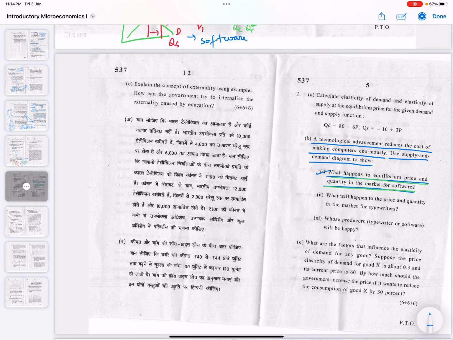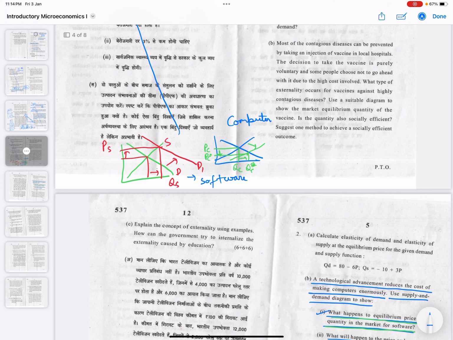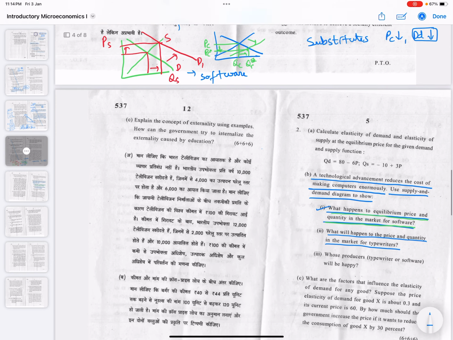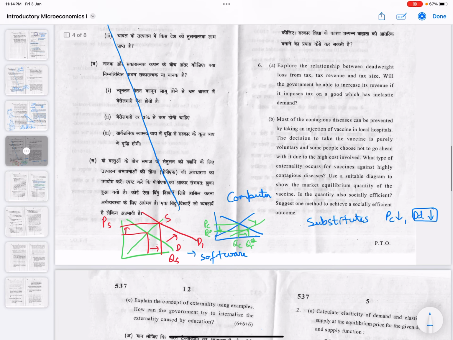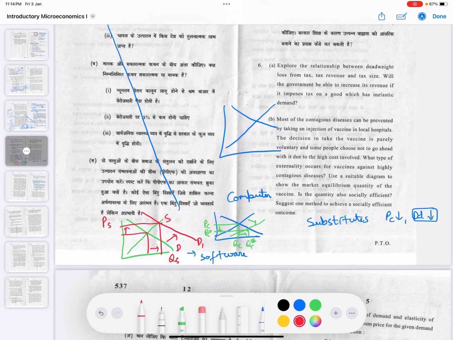What will happen to the price and quantity in the market for typewriters? Since computer and typewriter are substitutes, if price of computer falls, the demand for typewriters would fall as well, because the computers are becoming cheaper. So you can show that the demand curve would shift inwards.